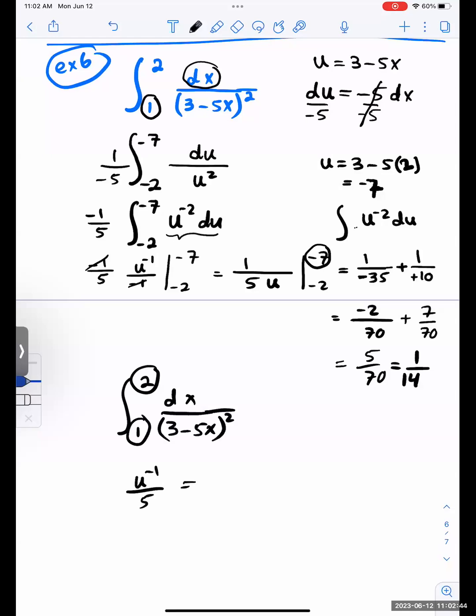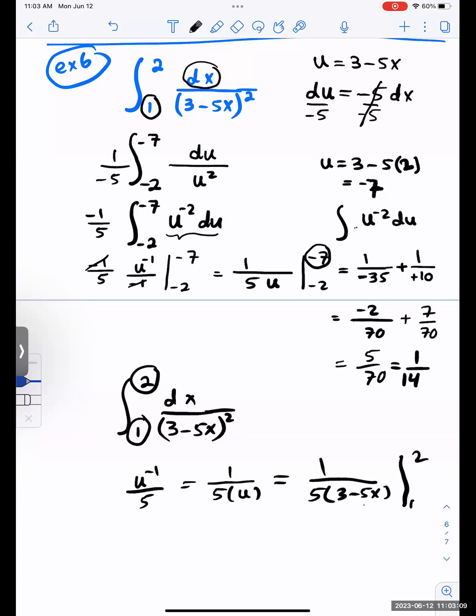You would have replaced that by 3 minus 5x. So this is the same thing as 1/5 over u. And that was 1 over, our u was 3 minus 5x. Then I would use the actual 1 to 2 limit because I substituted u back.